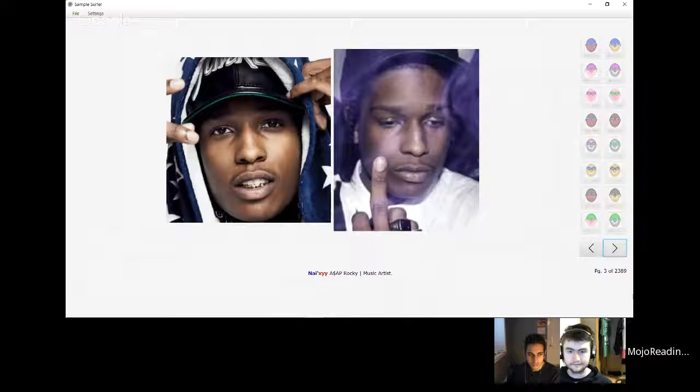Ben, this is yours. Oh, cool. So this is Naiji ASAP Rocky. I see he's kind of doing a 1,000-yard stare in the picture on the right. He's also flicking you off at the same time. I think that's not as natural a state for him; it seems like he's sort of making a point.